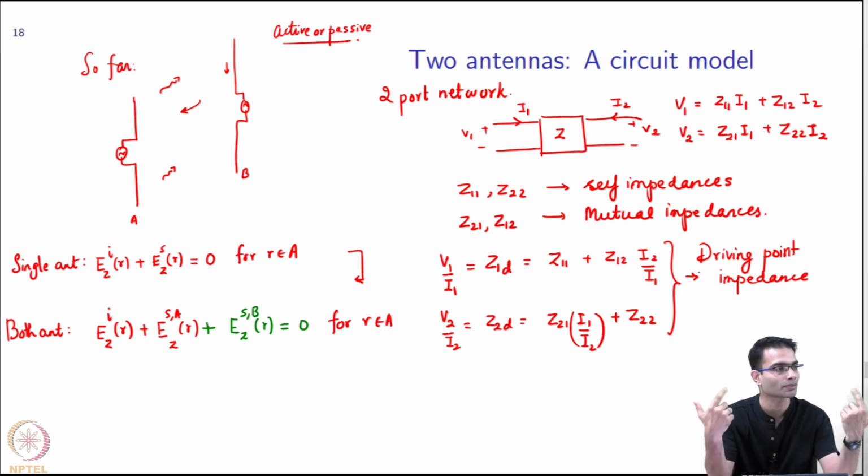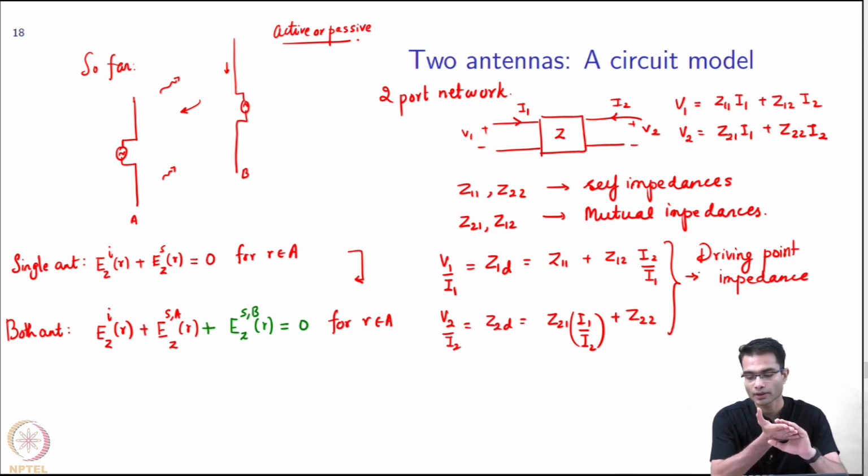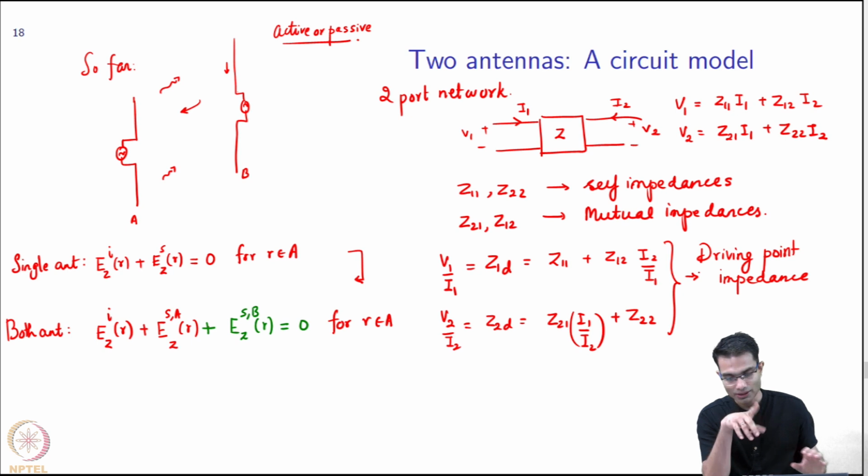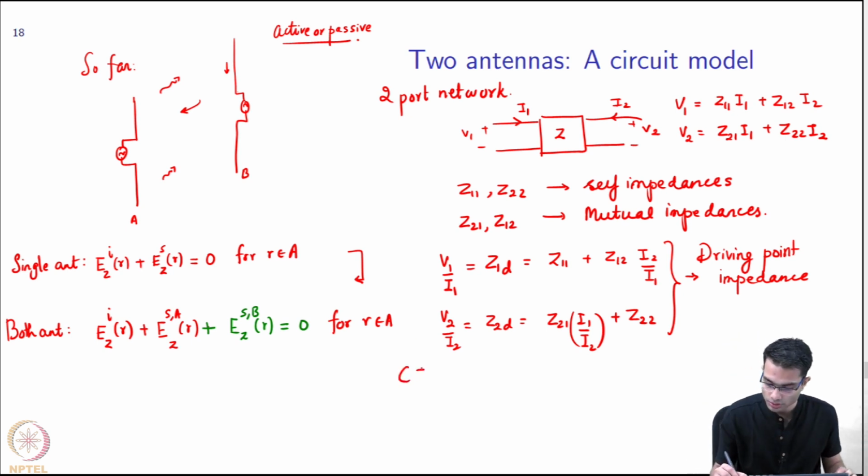If I can get an approximation of the current distribution, then I can calculate this driving point impedance and all of that. And that works for very special cases of parallel conductors, only Z directed and so on. But if you have some general configuration, it is not accurate. So CEM again allows us to calculate these exactly.